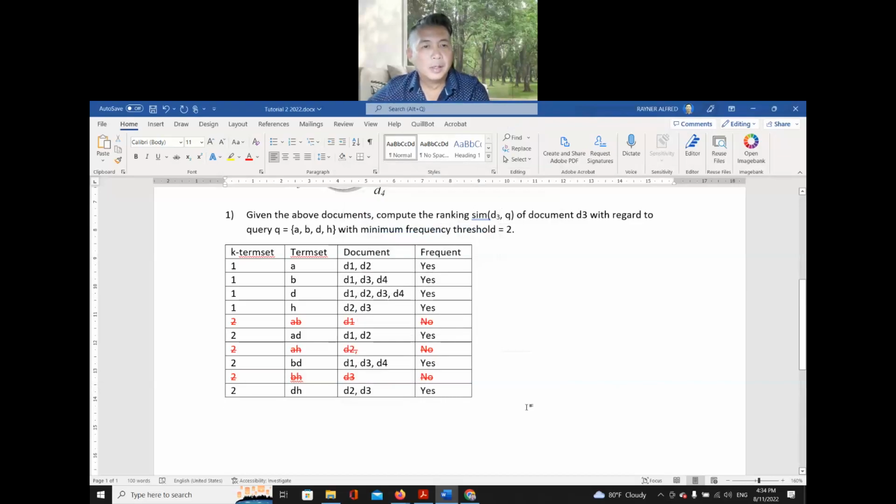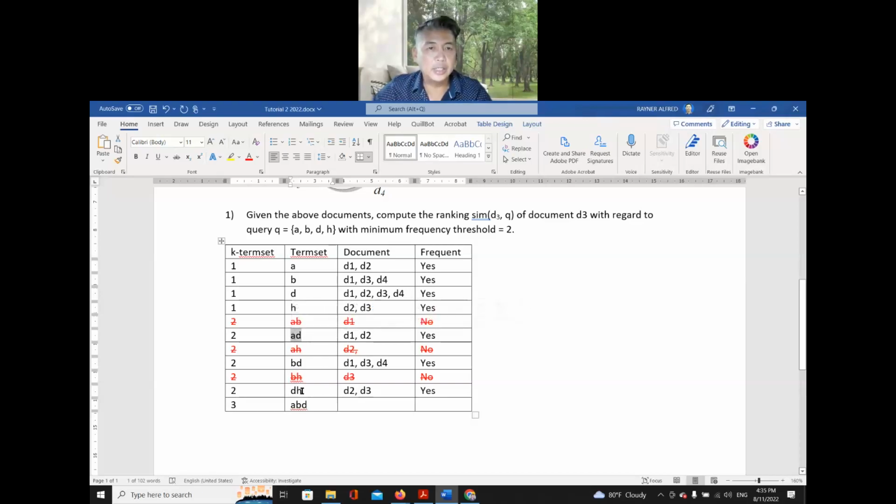To establish the three term sets, we have to follow from the AD. For the three term sets, we have ABD, because we're combining AB and AD, and we combine AD and AH to become ADH.